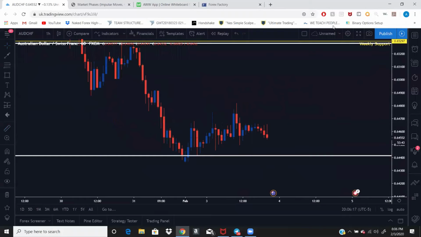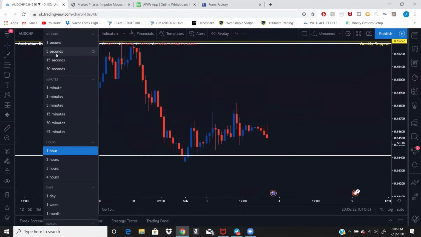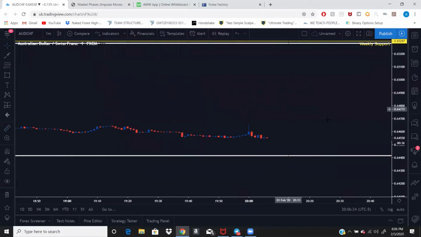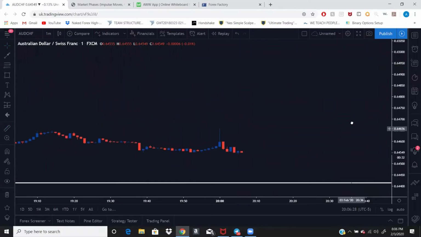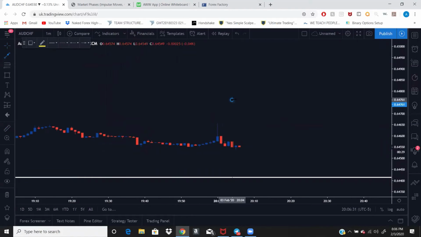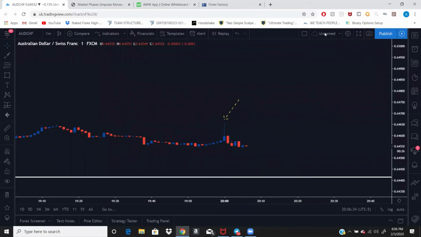Look at the minute. Oh God. Here we go. Are you referring to this one right here? I mean, there's nothing crazy there. So this whole candle with the wick is 9 pips.